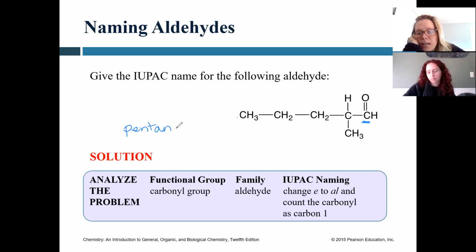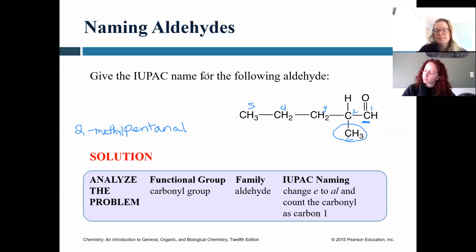I take off the E and I replace it with AL, pentanal. Again, I don't need to call it 1-pentanal because if it's AL, it's at the end. But I do need to number these based off of the carbonyl group, 1, 2, 3, 4, 5, because I have an accessory here. I have a methyl group on the second. So 2-methylpentanal.